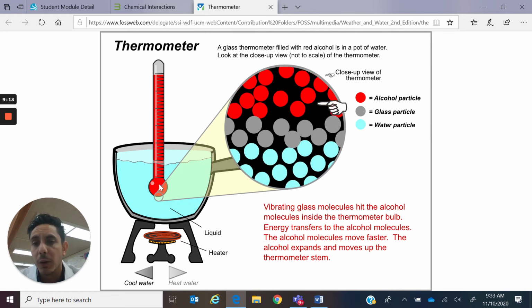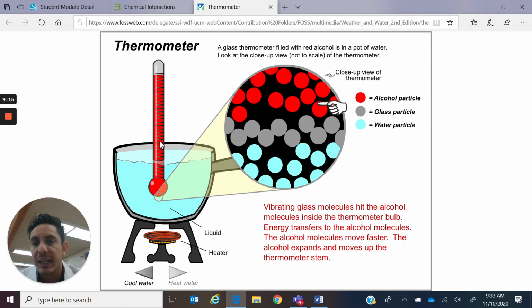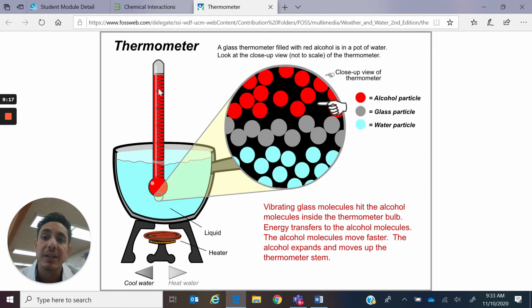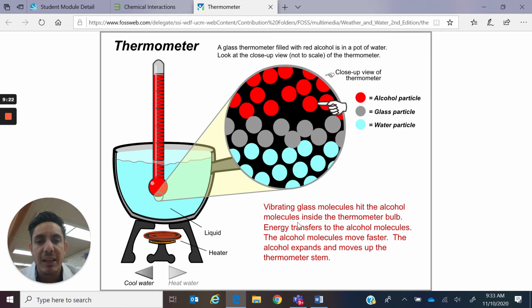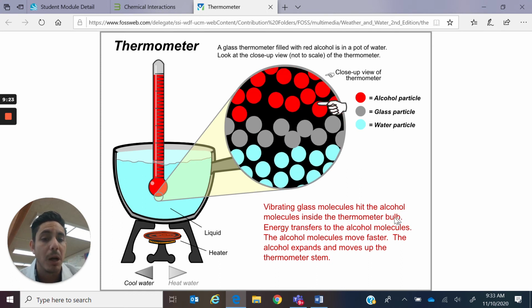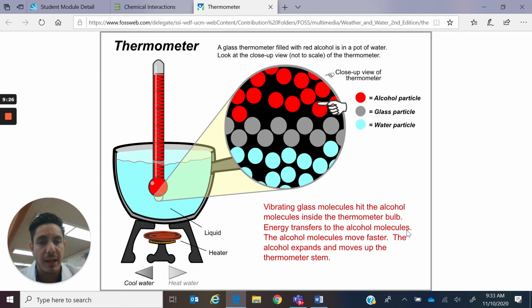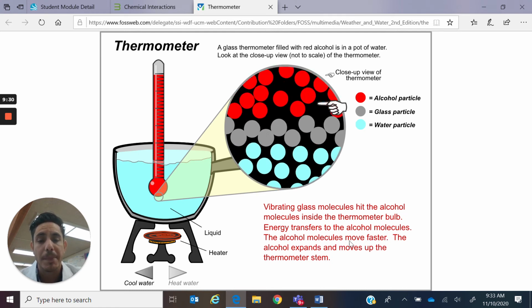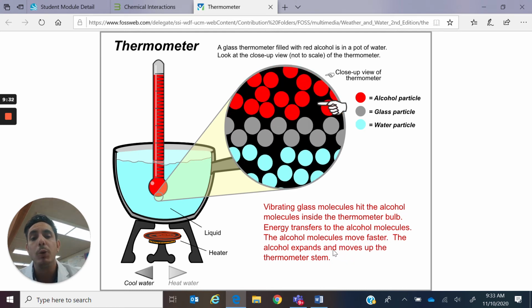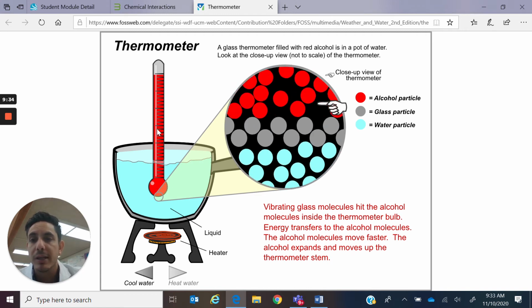So the liquid inside the thermometer, because it was getting hot, expands and moves up. And that's where we get our readings on a thermometer from. So vibrating glass molecules hit the alcohol molecules inside the thermometer bulb. Energy transfers to the alcohol molecules. The alcohol molecules move faster. The alcohol expands and moves up the thermometer stem.